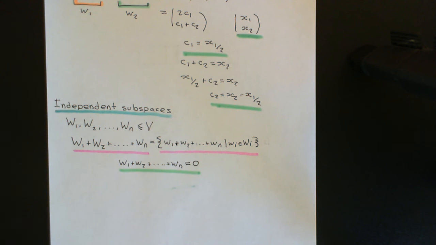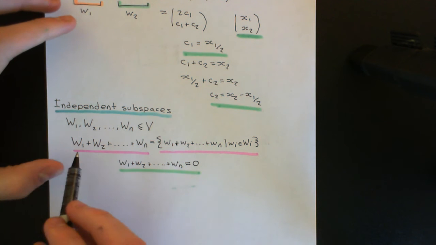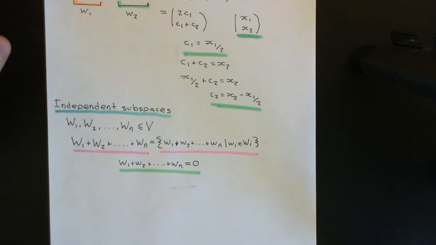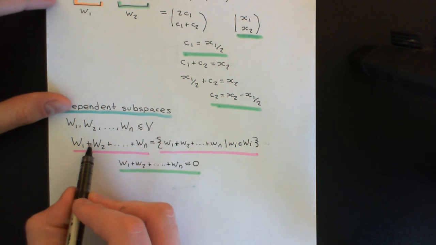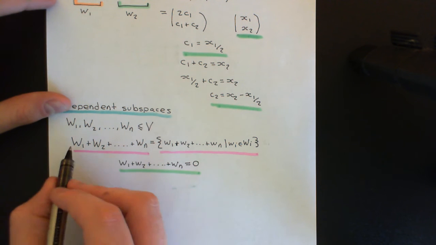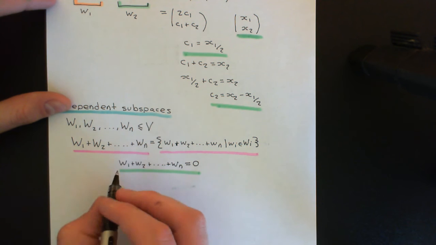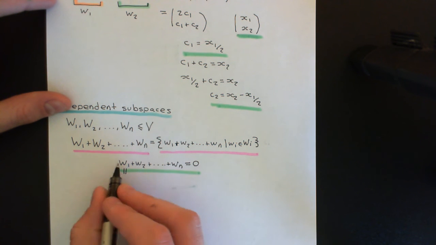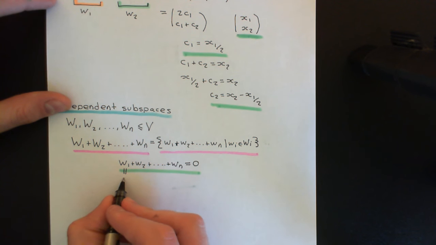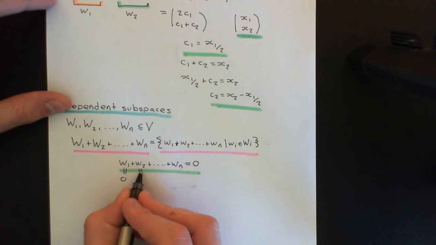We saw that the zero vector is always an element of the sum of a bunch of subspaces, and the reason is that because these are all subspaces, the zero vector will be an element of all n of them. So one of these sums that you can construct is where you pick the zero vector for all of these.